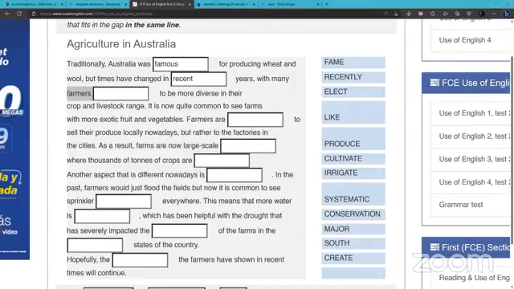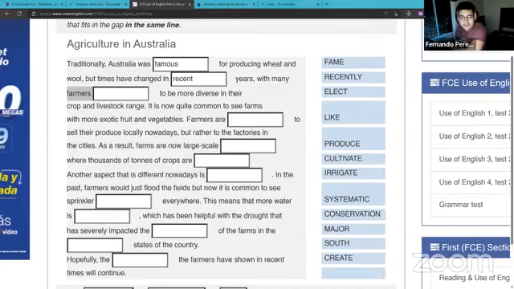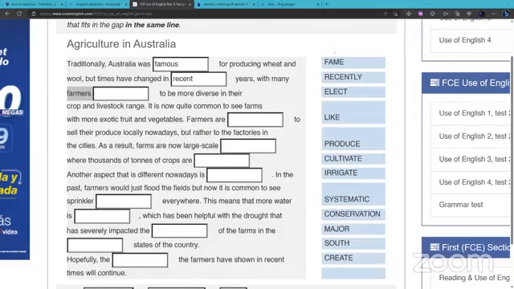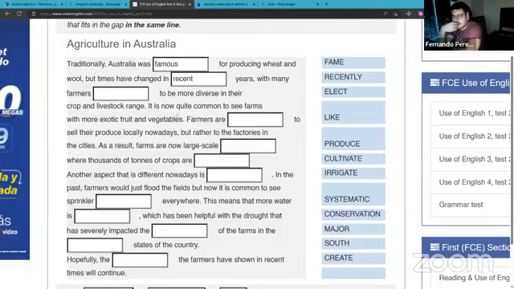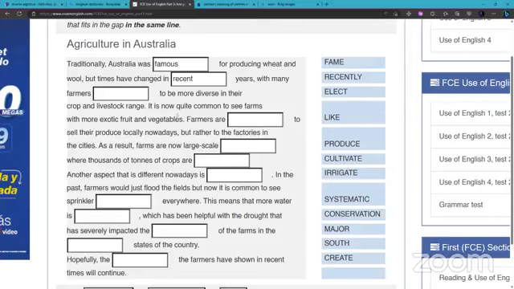What do you mean? What has happened to farmers recently? Exactly. Use the word elect to find what has happened to farmers recently. With the word elect.